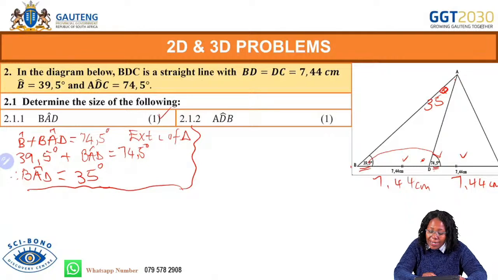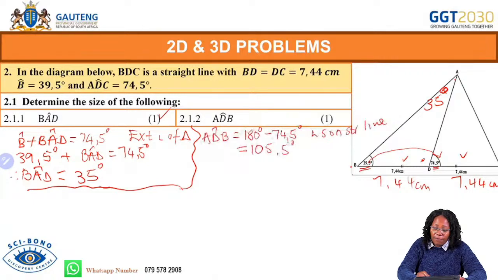Since they are on a straight line, angle ADB will be equal to 180 minus 74,5, because of angles on a straight line. That is 105,5 degrees.